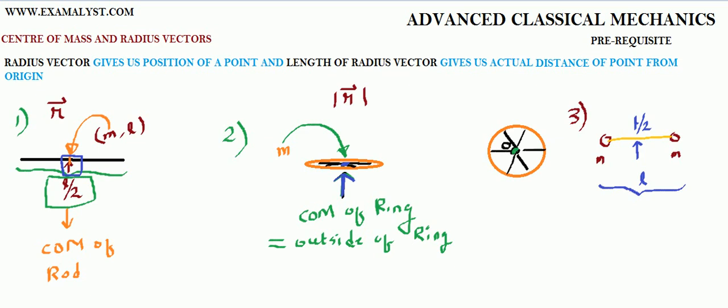Similarly, in the third case, if I put my finger somewhere around the center, then I can feel the entire mass. What is the total mass? The total mass of this system is 2m. Then at the center, I can feel the entire 2m mass on my fingers.